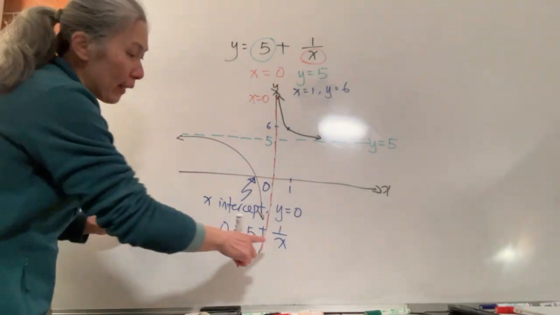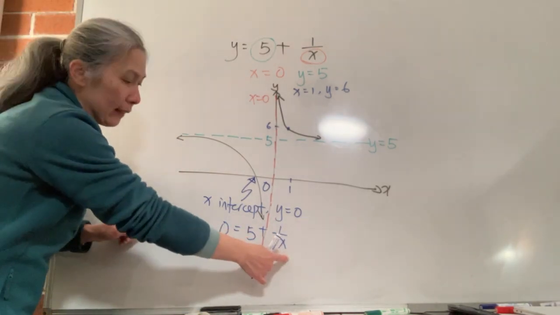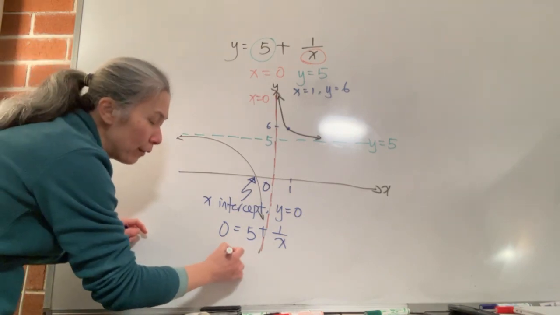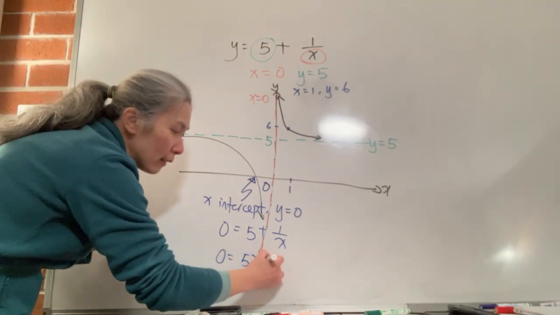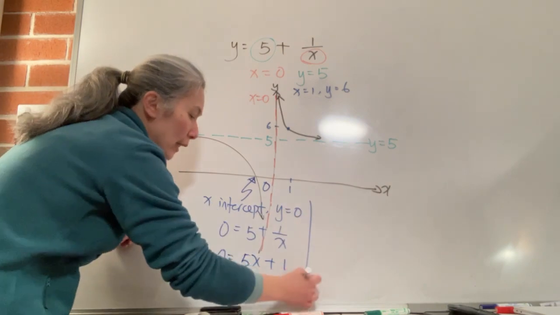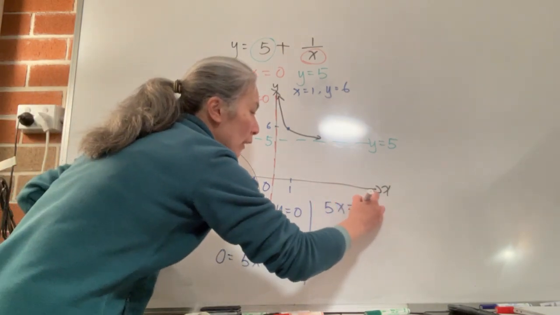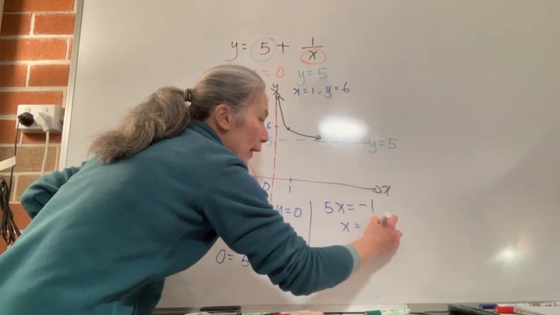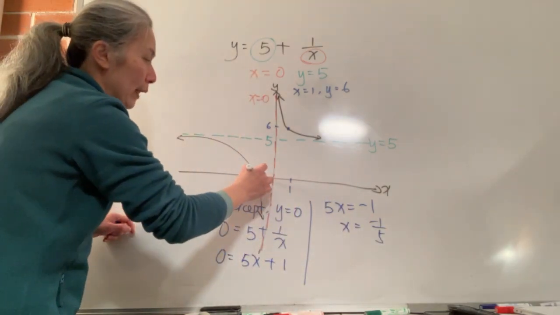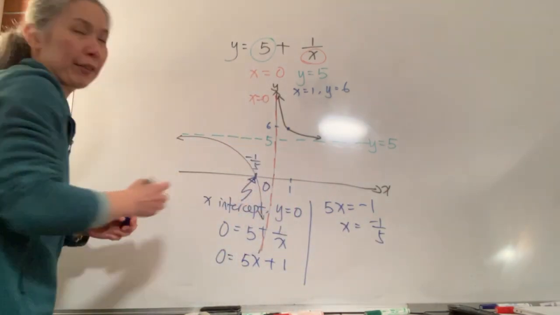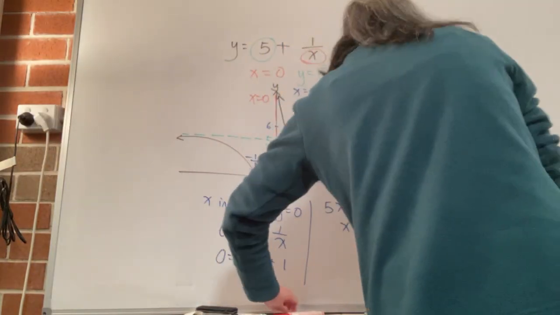Basic algebra solving, times every term by x. 0 times x is 0, 5 times x is 5x, and then this is a 1. Then you are going to have 5x equal to minus 1, x equal to minus 1/5. So this point in here is minus 1/5. That's how you find out the x-intercepts.